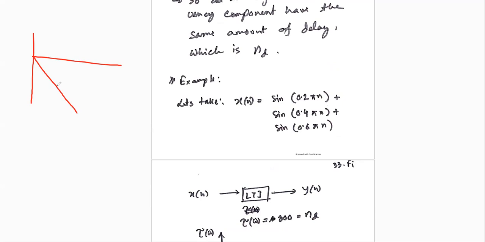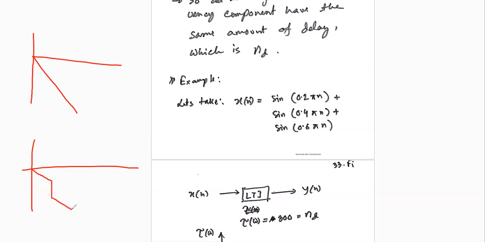Constant, sir. Constant, because your phase response is linear. So that means the group delay is constant. When the phase response is non-linear, definitely the group delay is also non-linear. Okay, it might happen that there is a non-linearity like this.